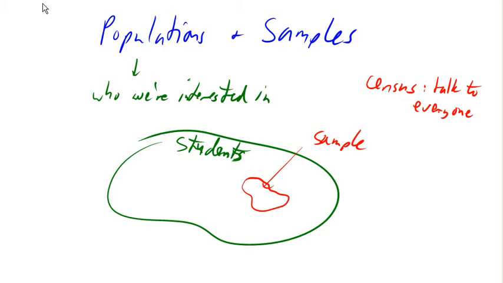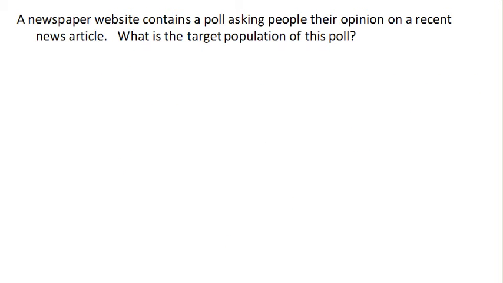So suppose a newspaper website contains a poll asking people their opinion on a recent news article. What's the target population of this poll? Now, there's a couple different answers here. Statistics, you'll find, isn't always concrete in its answers. So one possible answer is that they were trying to make this representative of all Americans or all people. But chances are that's not who it's actually representative of, right? Who is actually going to answer a poll on a newspaper website?